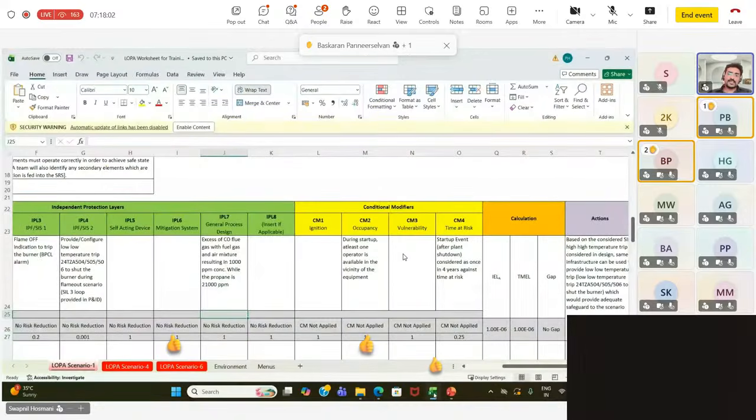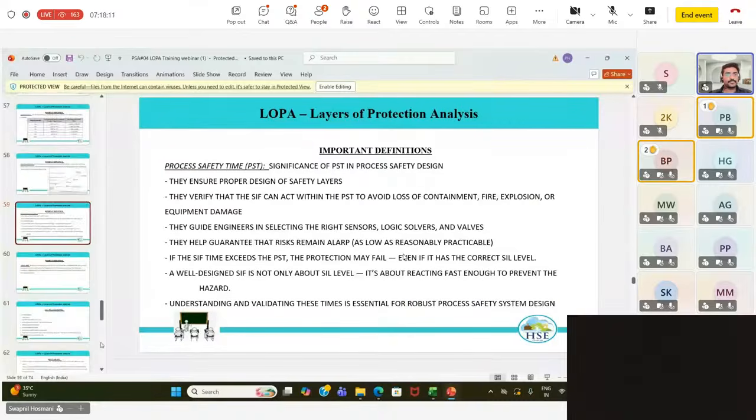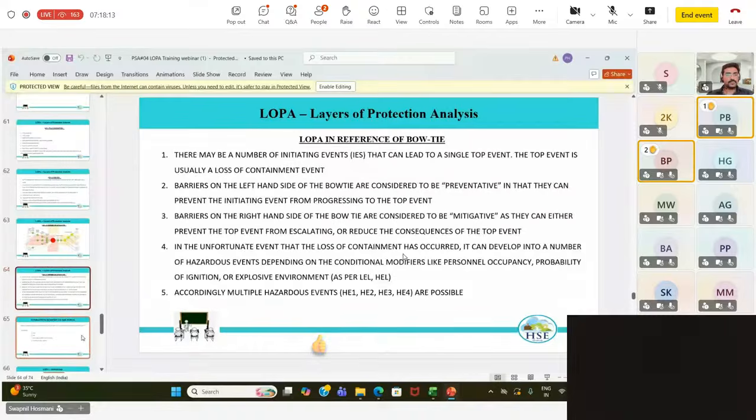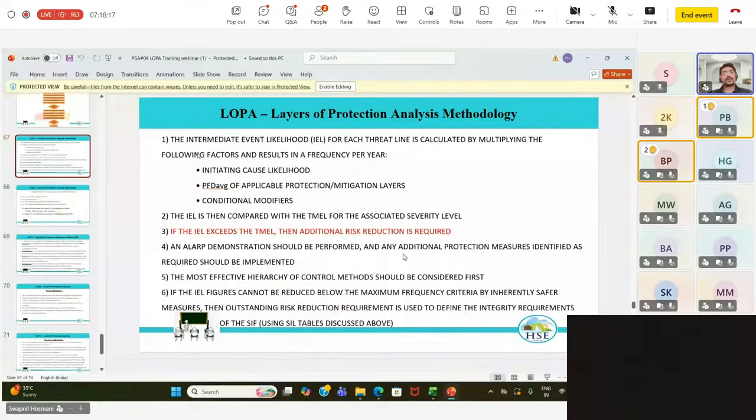This is exactly what we were saying in the flow in this presentation, where you have these 3 calculated. This is what we did just now. We looked at the initiating event likelihood, the PFD average of the protection layers or mitigation layers, and then the conditional modifiers. These 3 things give us our IEL, the intermediate event likelihood.